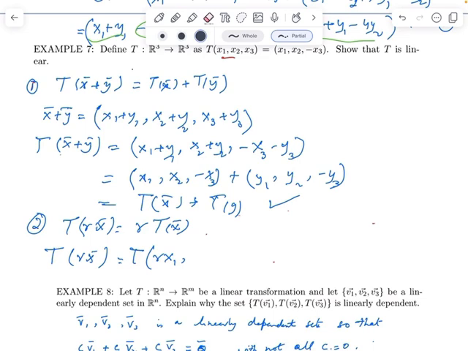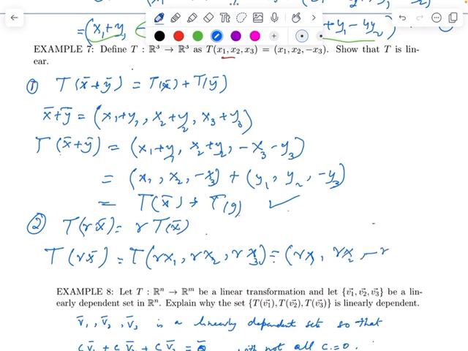Let me rewrite this. Okay, so rx1, rx2, rx3. So this will be mapped onto rx1, rx2, negative rx3.